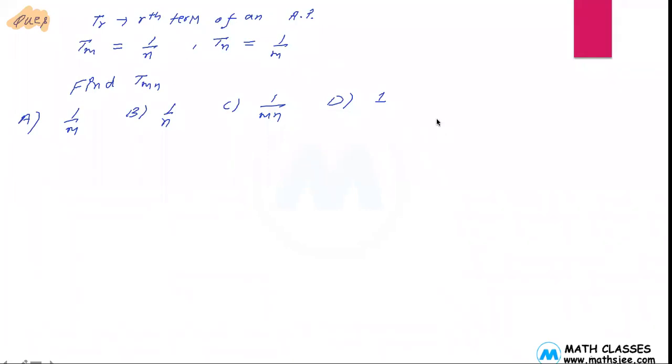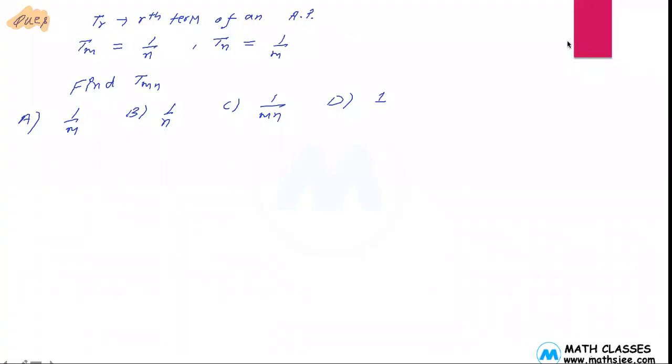So what is the value out of all these options? If we write down what is actually given, we'll see. Here Tm equals 1 by n. So we can write down this Tm is also a plus m minus 1 into d, which is equal to 1 by n.